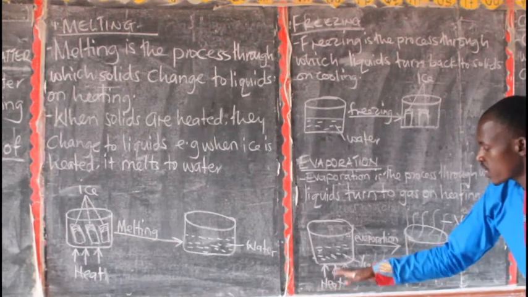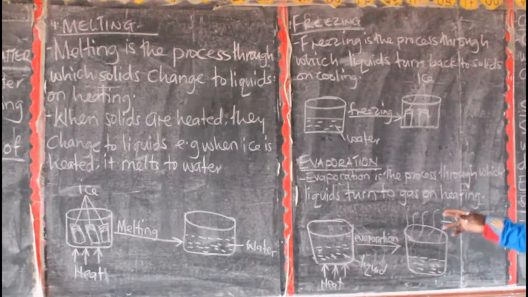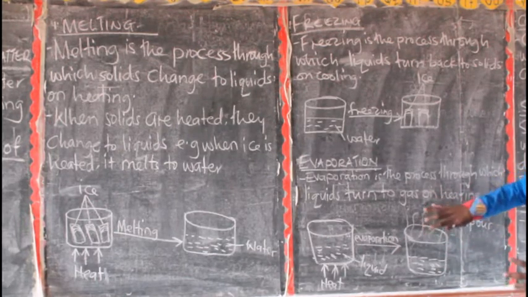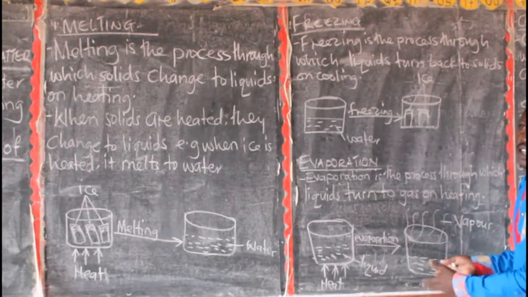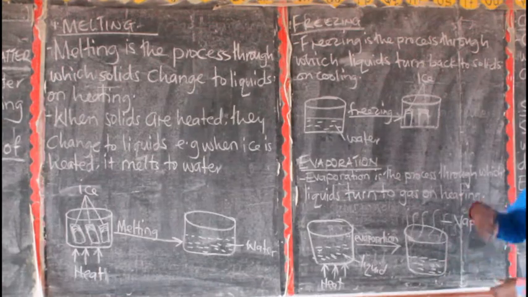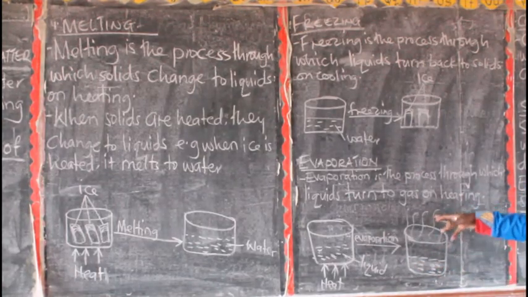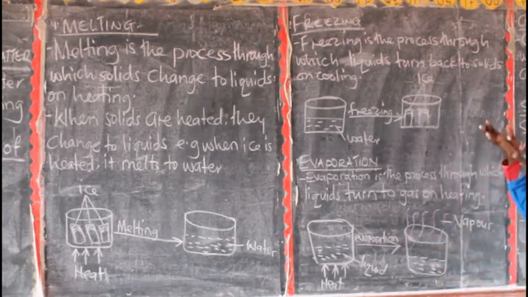So here we have our heat, we are boiling this water, and we see it now changing into water vapor. So this water vapor, what we call steam, is in a gaseous state or gas form. Then the water in the saucepan is in a liquid form. As you heat, we see water, which is a liquid, changing into gas. So that's what we call evaporation. So the water is evaporating. Are you together?